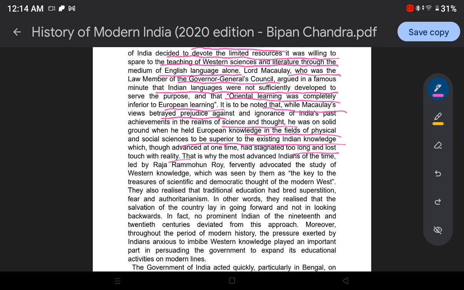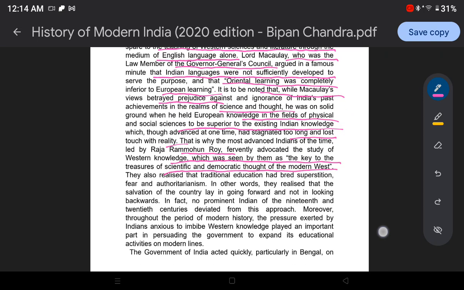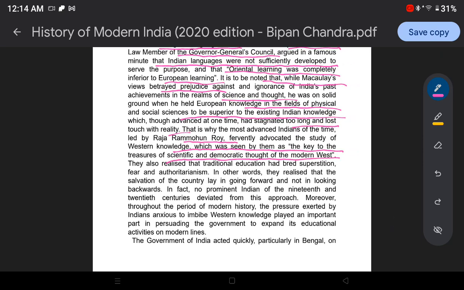That is why the most advanced Indians of the time, led by Raja Rammohun Rai, fervently advocated the study of Western knowledge, which was seen by them as the key to the treasures of scientific and democratic thought of the modern West. They also realized that traditional education had bred superstition, fear, and authoritarianism. In other words, they realized that the salvation of the country lay in going forward and not in looking backwards.